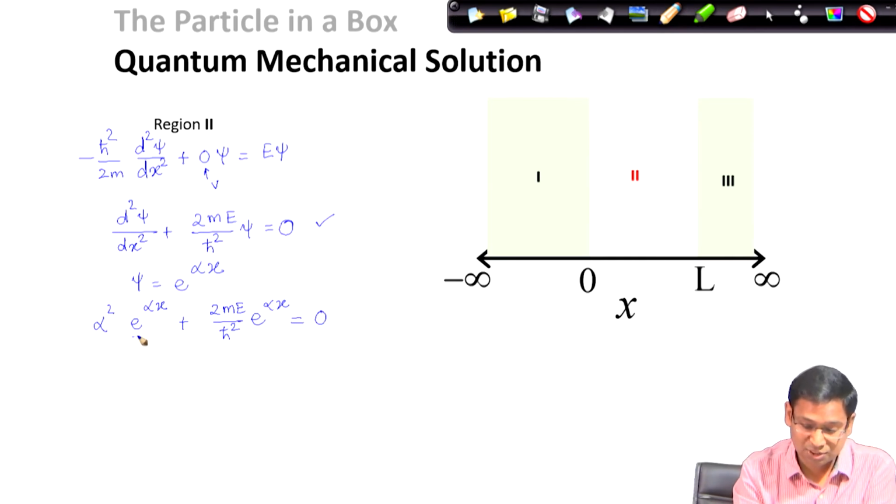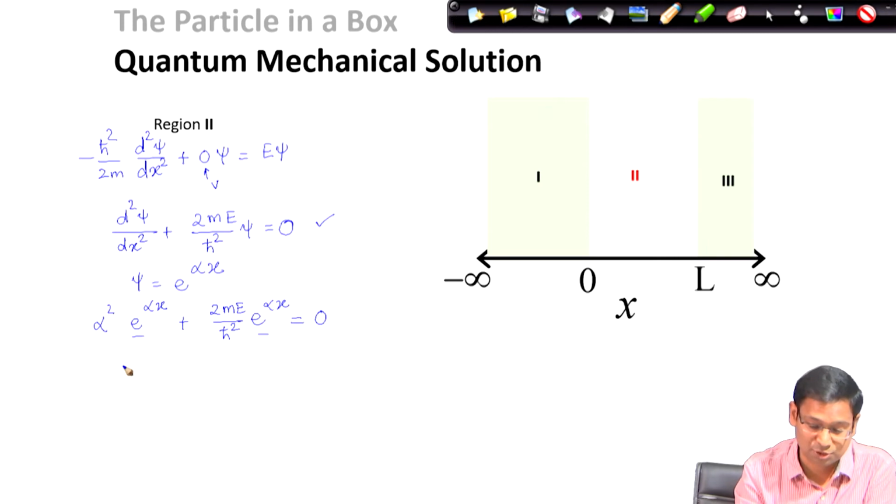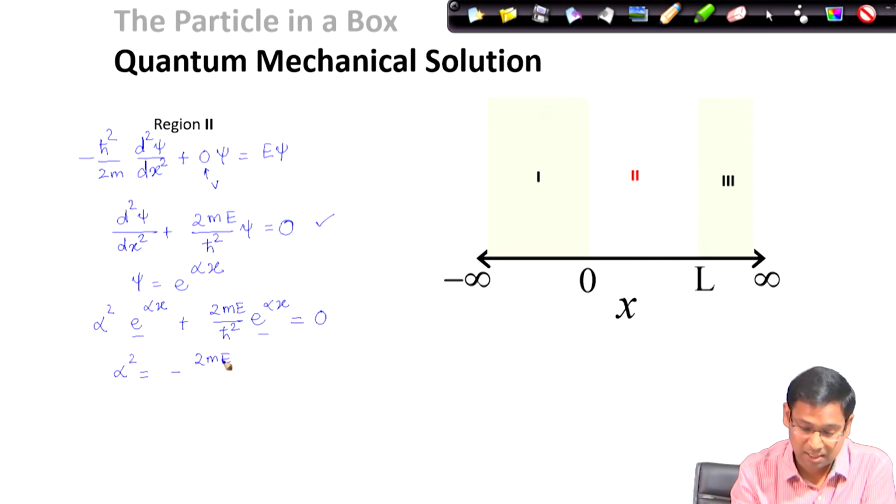Now, in each of the terms in the left hand side we have e to the power alpha x. Since this is actually the wave function, we can assume that this is not going to be 0 and find the non-trivial solution from this equation as alpha square equals minus 2 m E over h bar square, or in other words alpha would become, so square root of minus 1 will give me an imaginary root, the square root of these quantities would give me a plus minus.